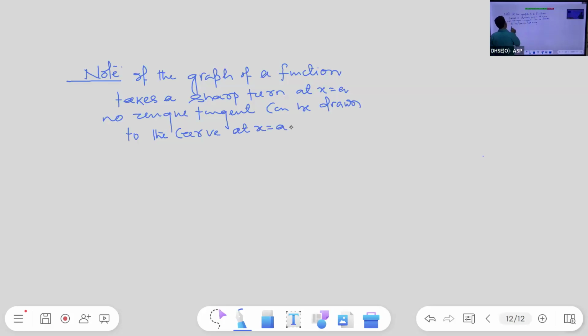Hence, the function is non-differentiable.